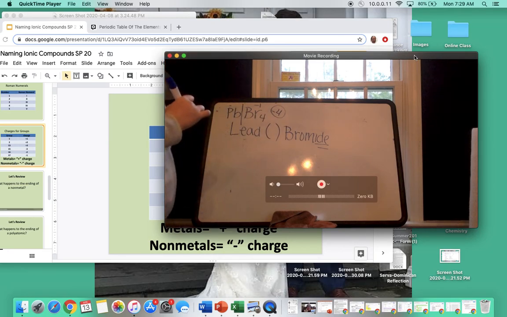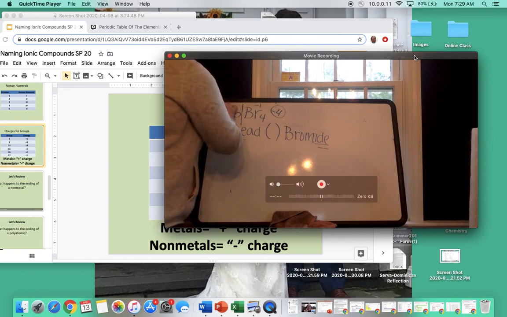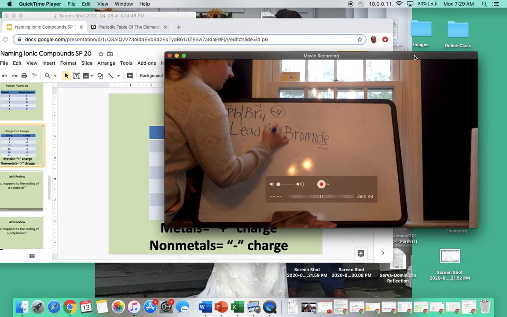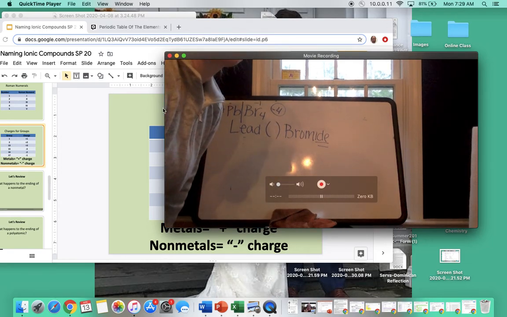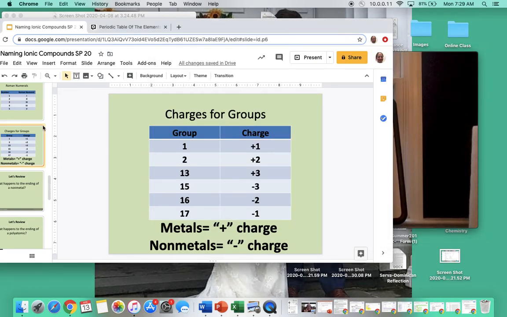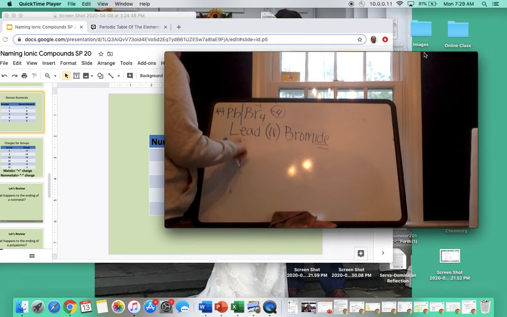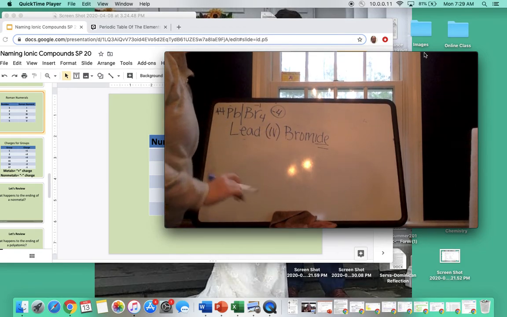If the right-hand side is -4, the left-hand side must be +4. 4 divided by 1 is 4, which is where your Roman numerals come into play. If you don't remember, you can go back and look. 4 is IV. And you would get that on a test or quiz as well. So then your final answer is lead(IV) bromide.